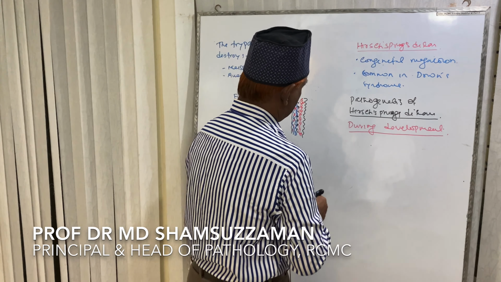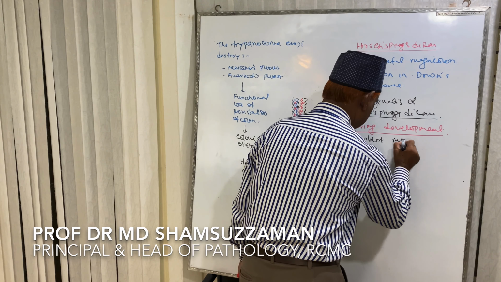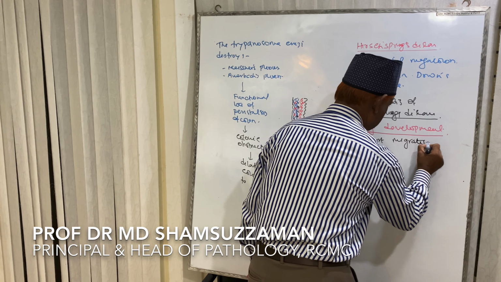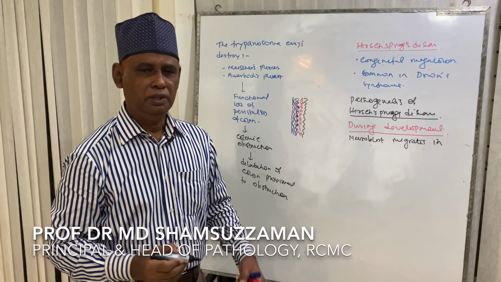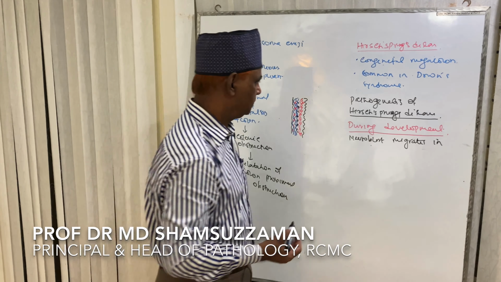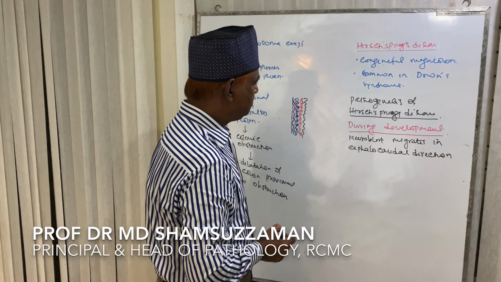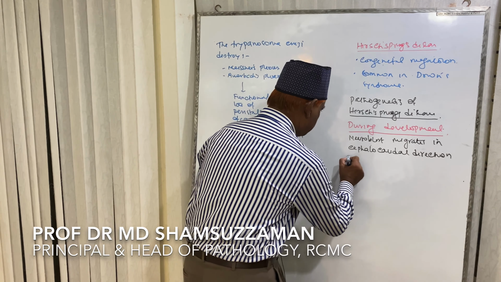During development or during embryogenesis, neuroblasts migrate in a cephalocaudal direction to the rectum.